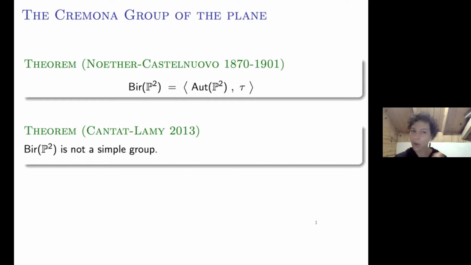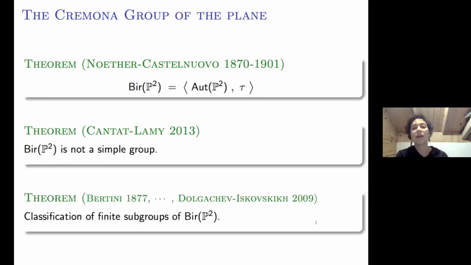So this question goes back possibly to the 19th century, but only very recently we've seen the answer to this problem. Another very recent development is the classification of finite subgroups of the Cremona group. So this started with works of Bertini in the 19th century and was only completed some 10 years ago by Dolgachev and Iskovskikh. So this is just to illustrate that there are still many unknown properties of this group.